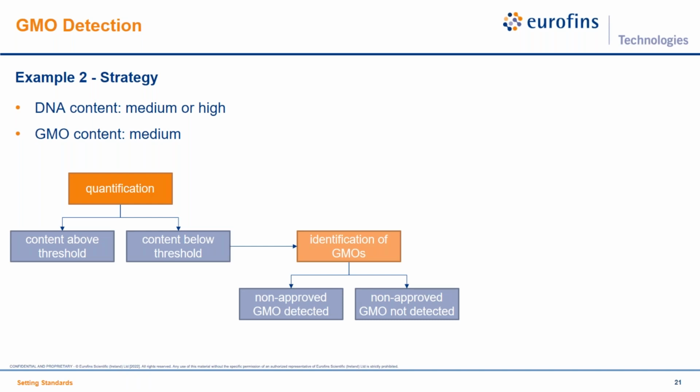And I also will give you an example for this first level analysis in one of the following slides. If the content is above a certain threshold, then you should consult your customer and check the legal situation in your country. If it's below, then you can proceed with the identification to ideally exclude the non-approved GMOs.